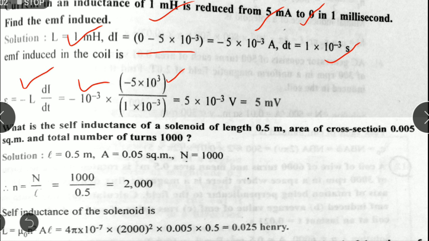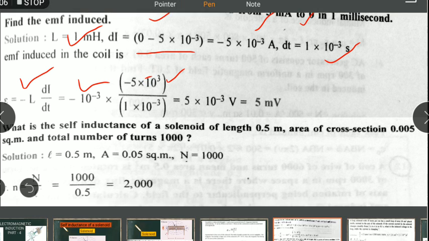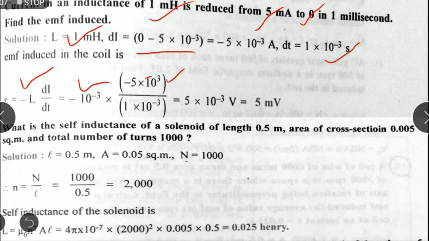Divided by the time, 1 into 10 raised to minus 3. These two terms cancel. Finally, what remains? Minus minus becomes plus, so it will be 5 into 10 raised to minus 3 volt, or simply 5 millivolt.